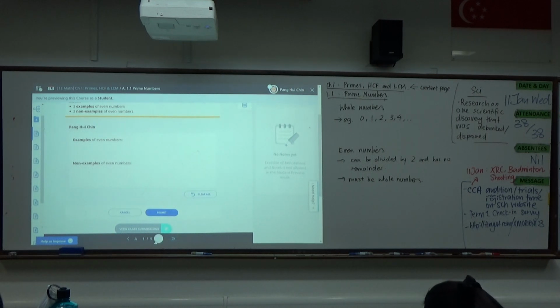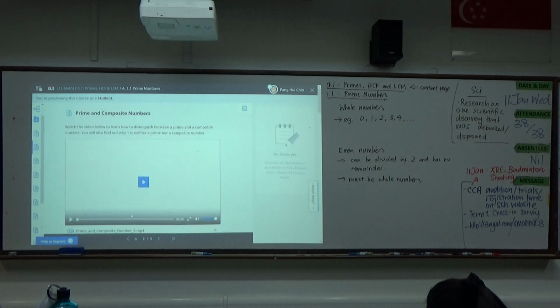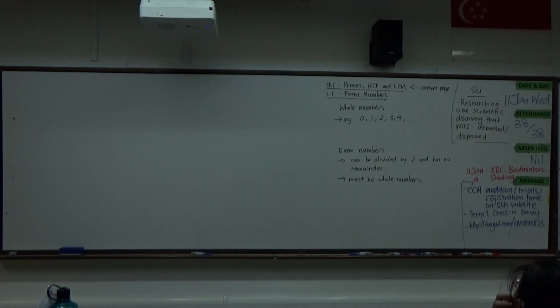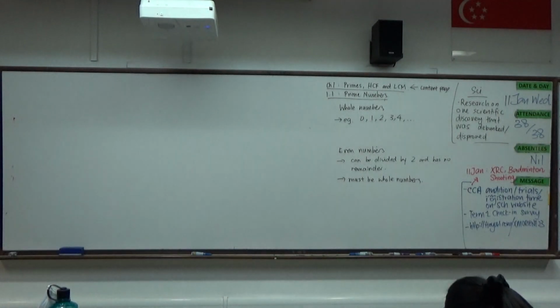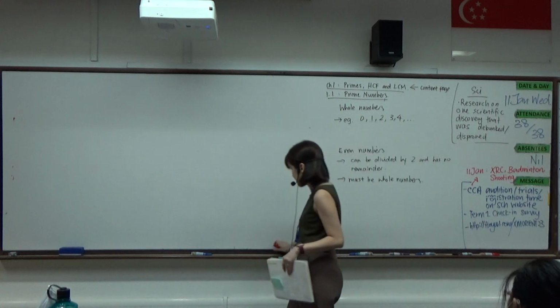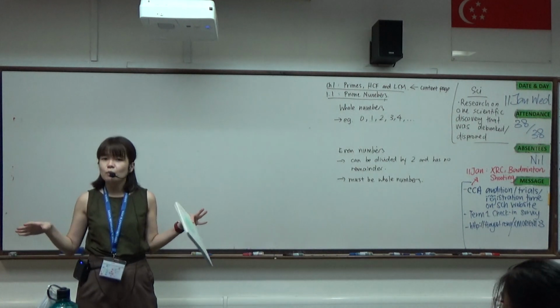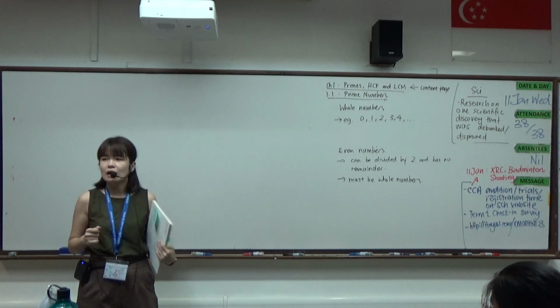Okay, shall we move on? Right, we're not going to be watching these videos since I'm here now. So why is it that we had all this discussion earlier on about whole numbers and even numbers? Knowing what is even number and odd number is a way for us to actually classify our whole numbers.